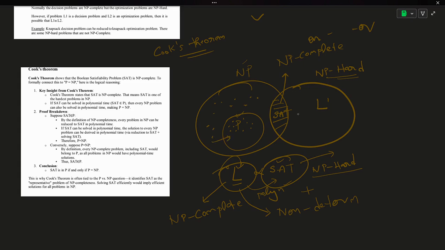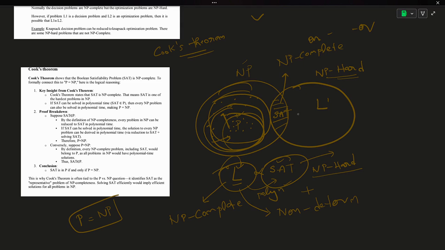That is, the circle of P keeps on expanding, and at some point in time in future, P becomes NP. It means that all the non-deterministic algorithms are solved and converted into the P class.